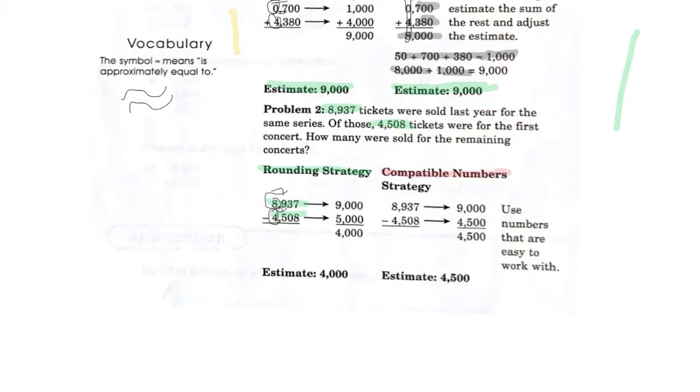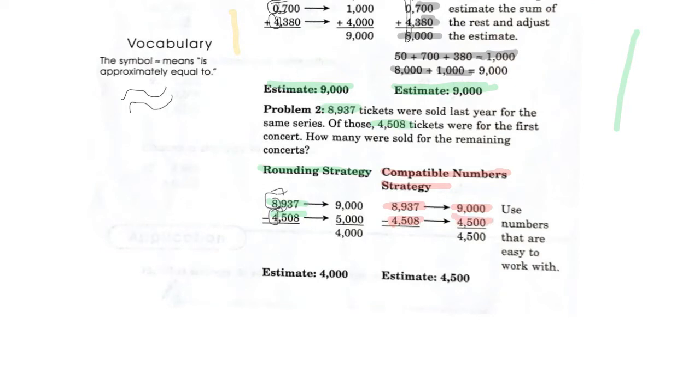Then we have compatible number strategy. Now, with compatible numbers, we're just looking at numbers that are easy to work with. So on my first one, 8,937, a compatible number would be 9,000. On the second one, 4,508, the compatible number is 4,500.